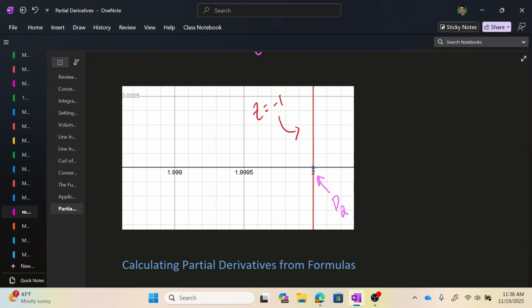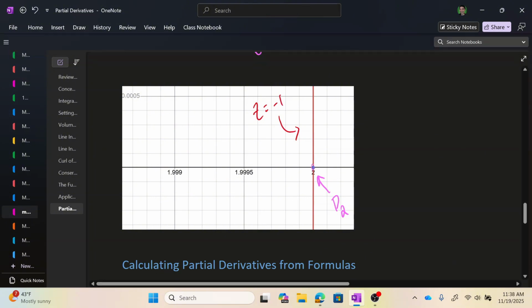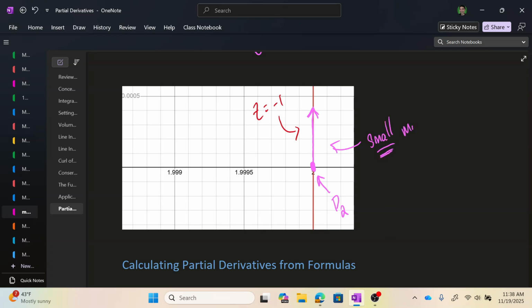So now in this image, I can represent a small, small, small movement in the y direction by a vector straight up. This is a small, small movement in the y direction. And what do I see?